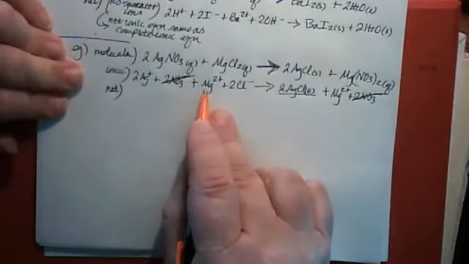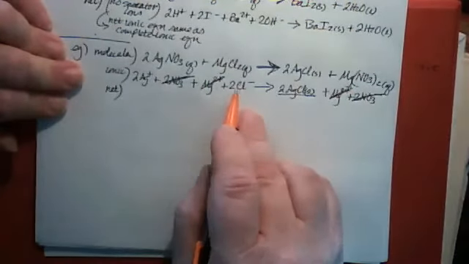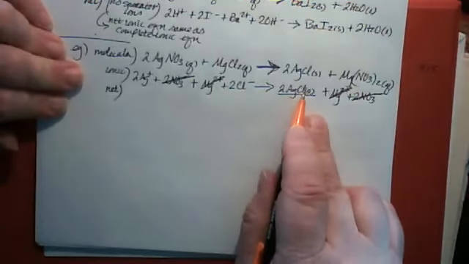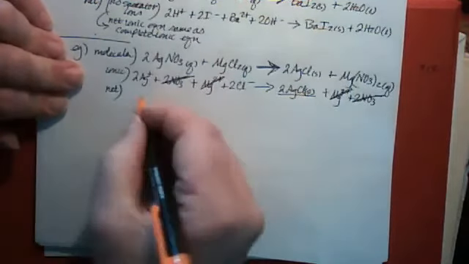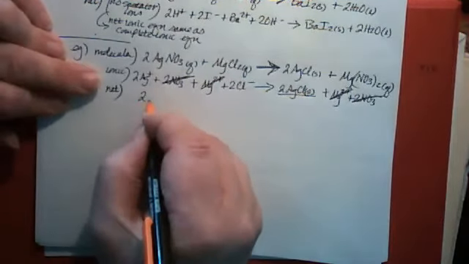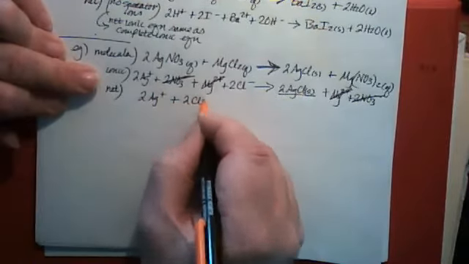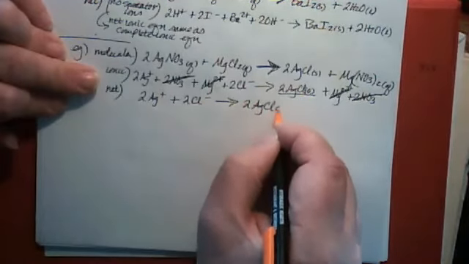The magnesium ion also comes out exactly the same as it went in, so that's a spectator ion. And the chloride ions come out as part of AgCl, so they are not spectator ions and they have to stay. So your net ionic equation would be 2Ag plus 2Cl minus yields 2AgCl solids.